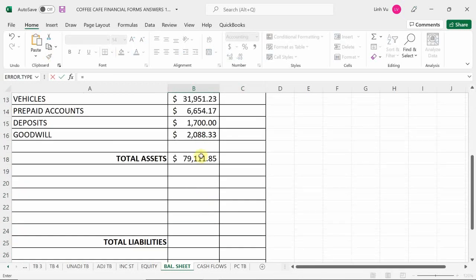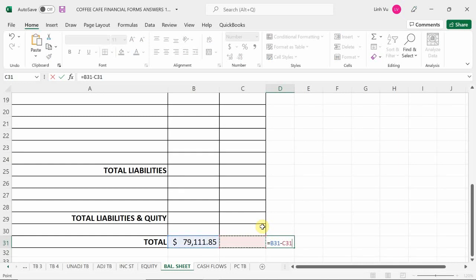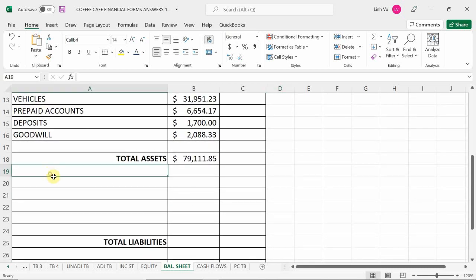So I'm going to carry this value down below so that I can double check to see if my assets equals my liabilities and my equity. Okay. All right. Now time to list out all of your liabilities.